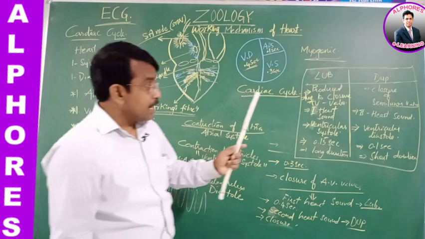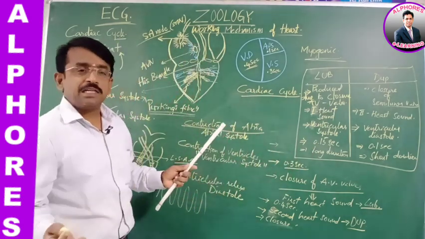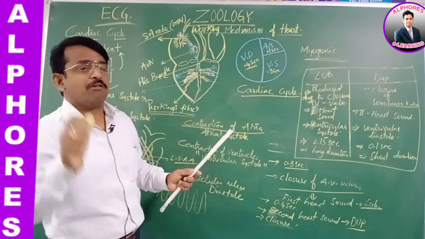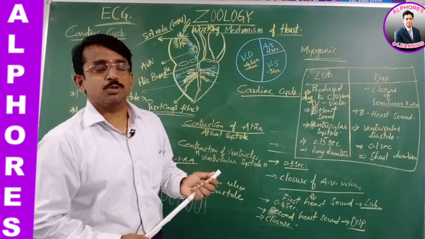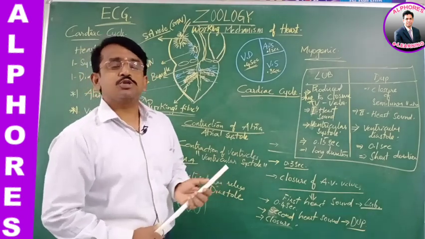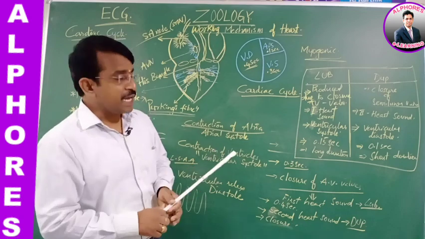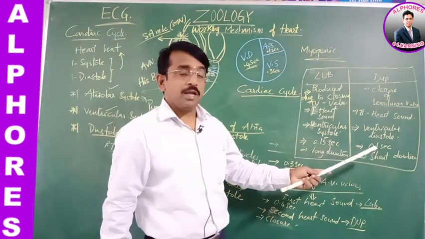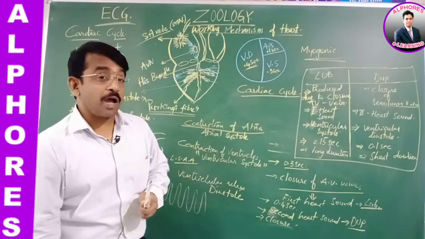The point to remember, if the bicuspid, tricuspid valves are damaged, there is a discontinuity. The lub and dub should take place rhythmically. There should not be any gap. But certain times, due to damage to the bicuspid, tricuspid, what happens?